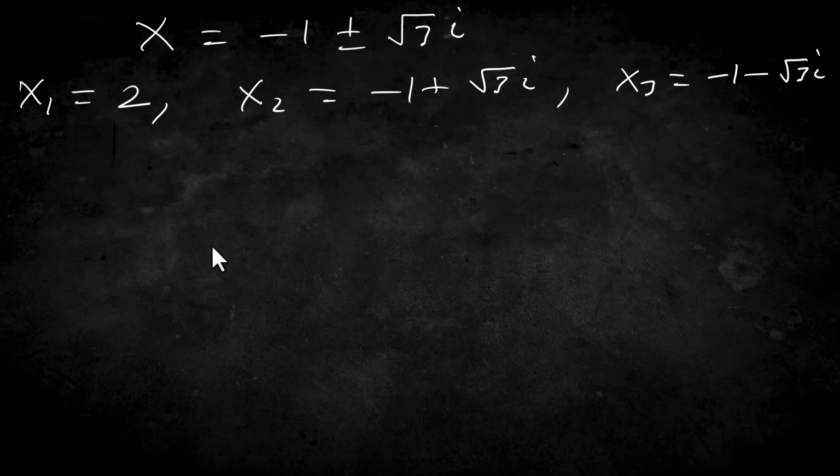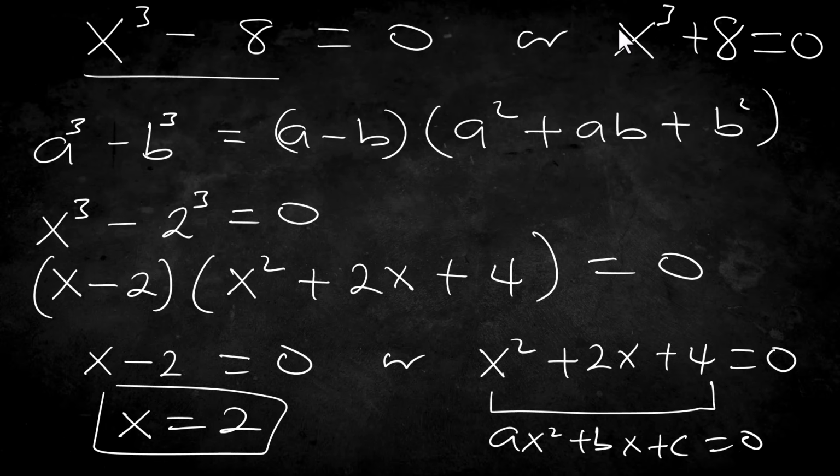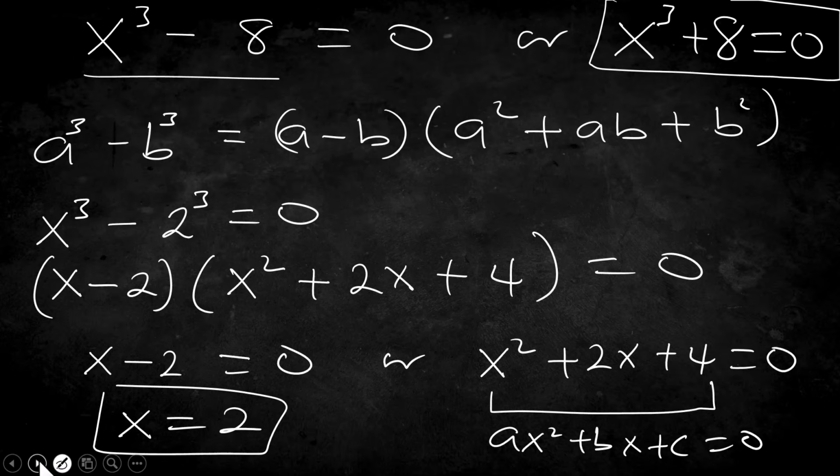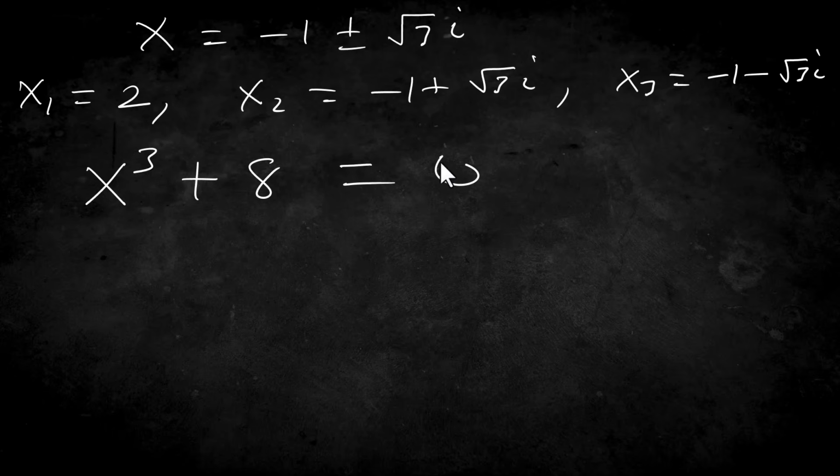Now let's look for the next 3 solutions here. So that will be the sum of cubes. Okay, we are done with the difference. Let's look at the sum. x cubed plus 8. So the next one is x cubed plus 8 equals 0.